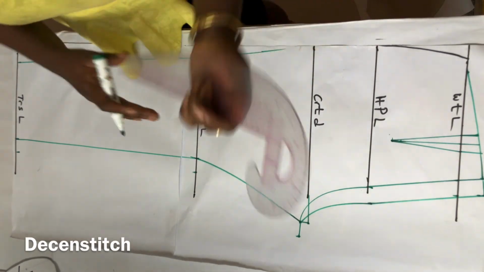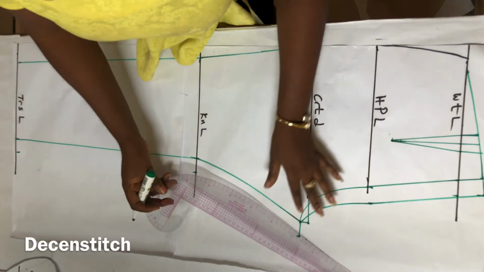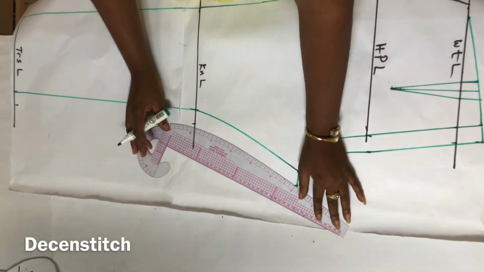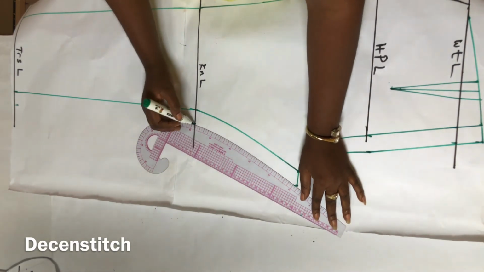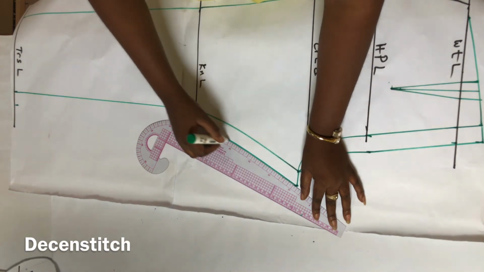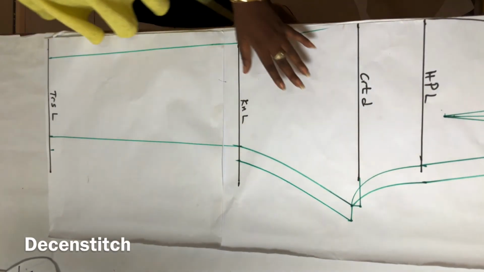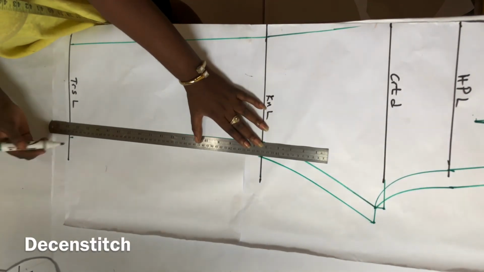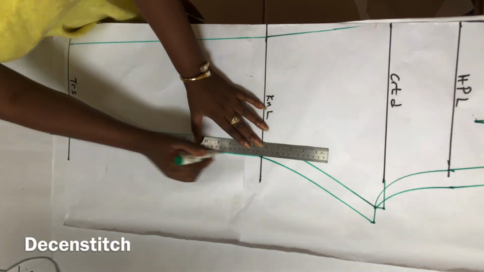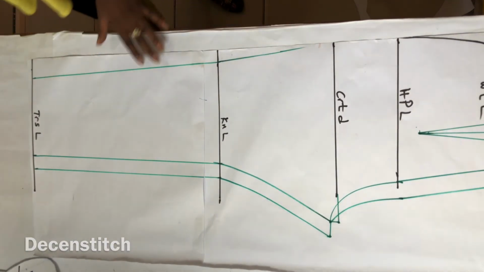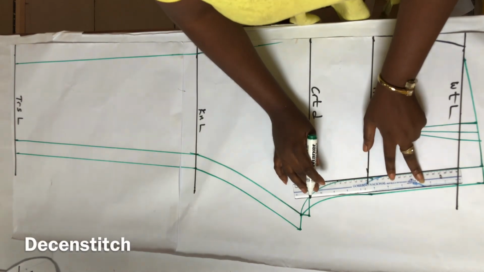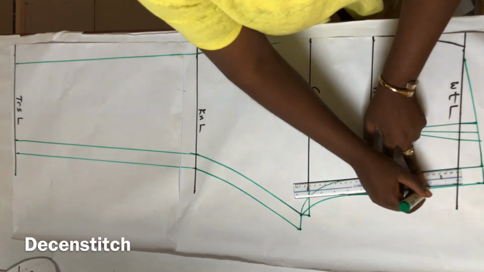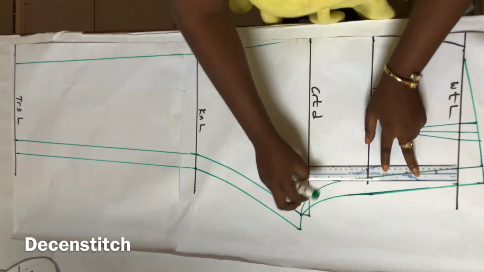I'm going to use a light curve here. Then use my ruler to complete it. I'm going to place my ruler here to balance this line, to make the line okay. The line was bulging out a bit.